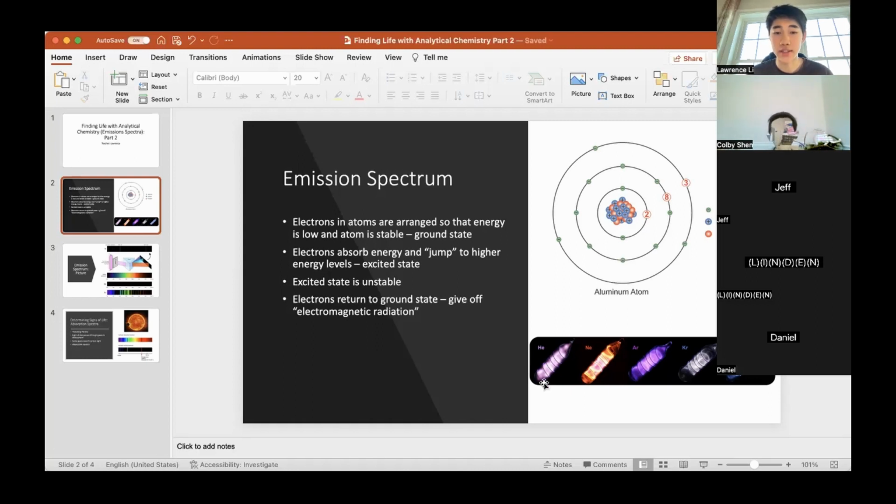So what is happening is we are giving energy to the atoms in helium. And the atoms in helium absorb that energy simply because they do. They're greedy, I guess. The electrons absorb that energy and they jump to higher levels. I talked about that earlier. But when they come back down, they release a form of energy called electromagnetic radiation.